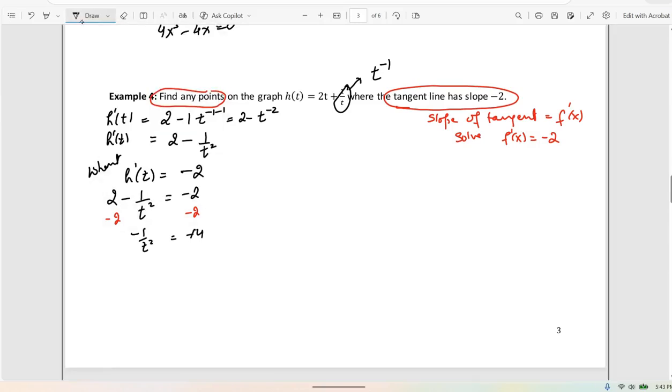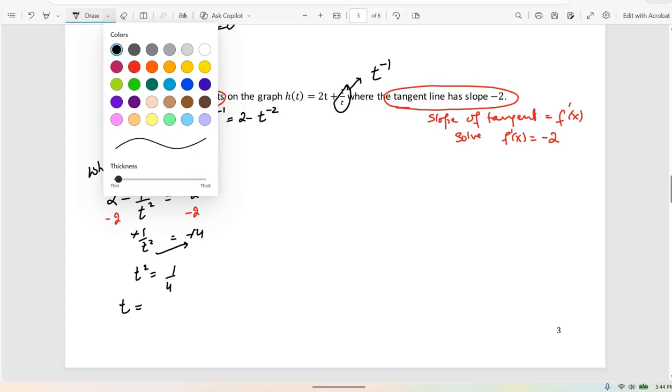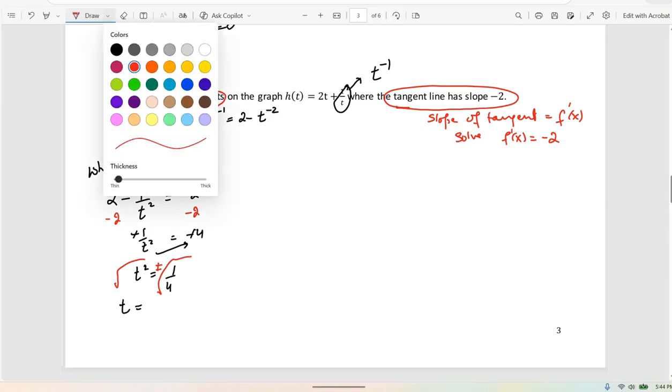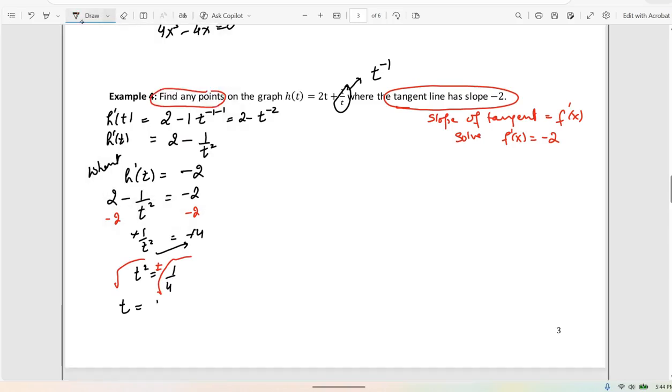Negative cancels and we can cross multiply. T square will be 1 by 4. How do you get rid of square? By taking square root on both sides. When we put square root, we need to put plus minus sign. So t will be half and -half. Okay, that's t.